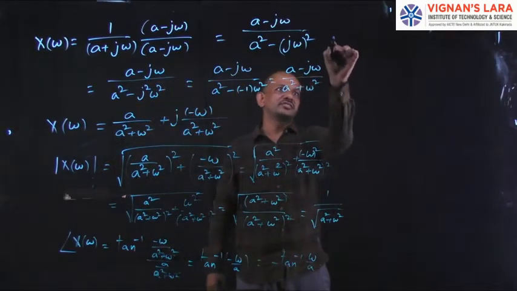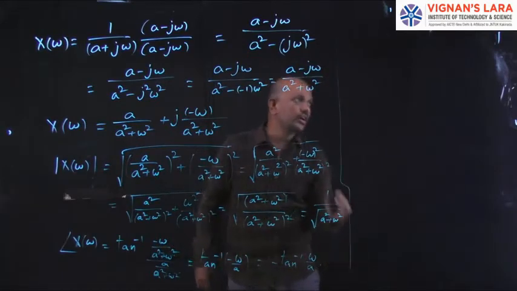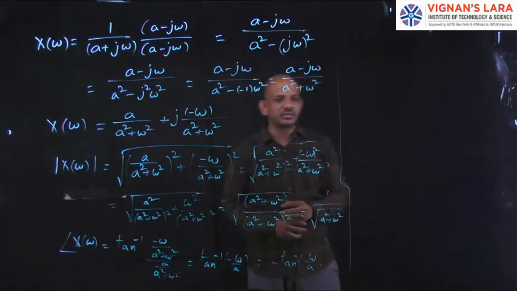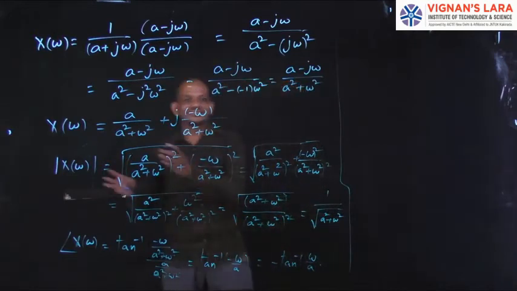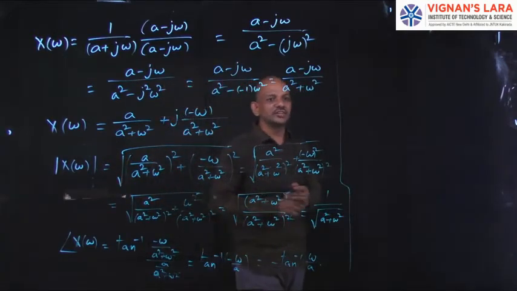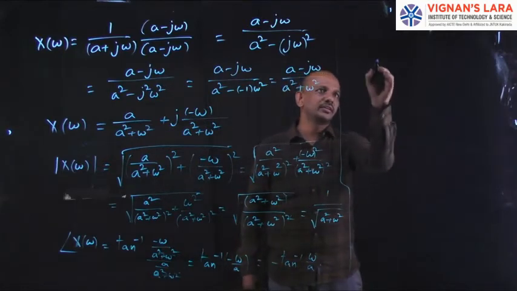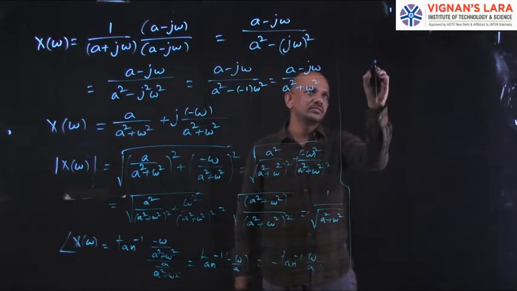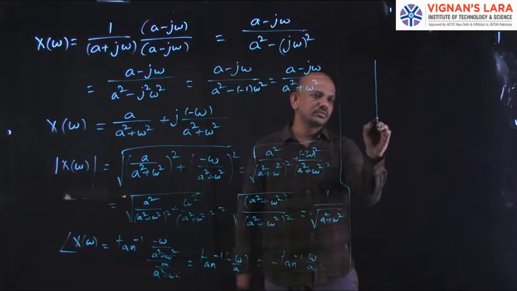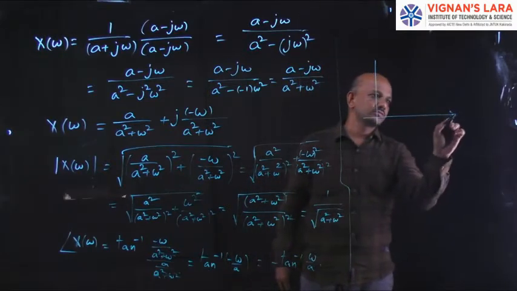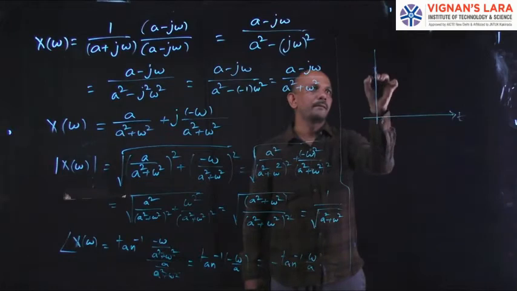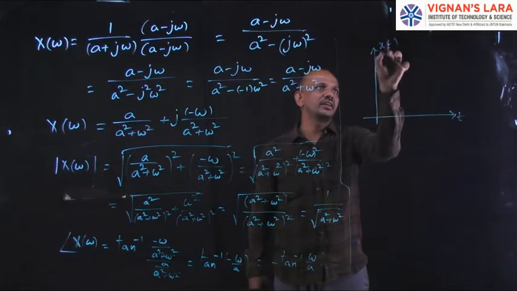Okay, so first I will draw the given signal. I will draw the given signal, that is a single sided real exponential function, that is e power minus at into u of t. How the signal will be? See, this is t and this is x of t.